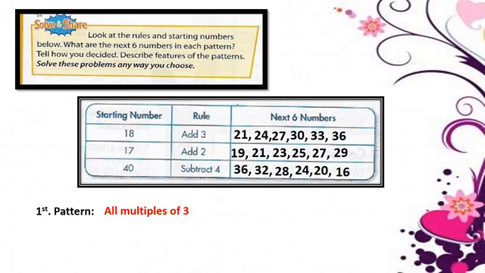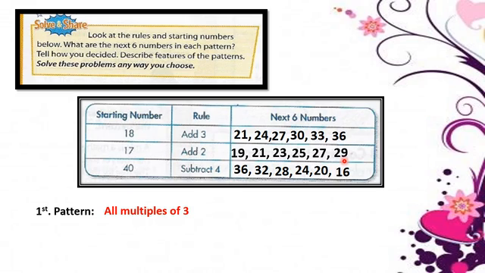Now for the second question, describe a feature of the pattern, again, that is not given in the rule. What can you say about the numbers 19, 21, 23, 25, 27, and 29?